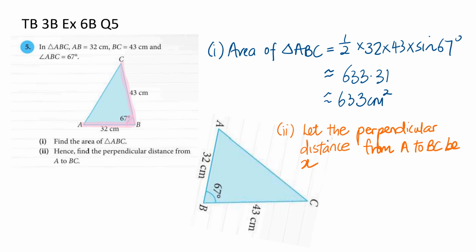And we're going to let this perpendicular distance be the letter X. If you were to draw a diagram like that with a perpendicular line and the base BC, can you see that we can actually use the earliest formula that we have learned, which is half times base times height. So to find the area of triangle ABC, I can just use half times X times 43. And of course, this area would be the same area that we have found in part 1 because we're talking about the same triangle.